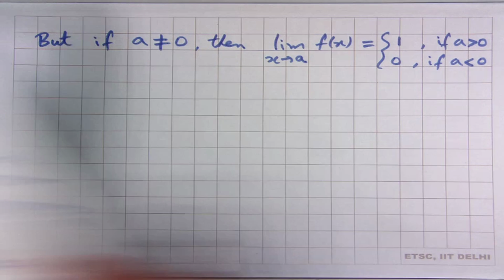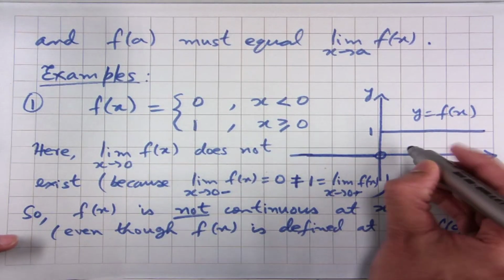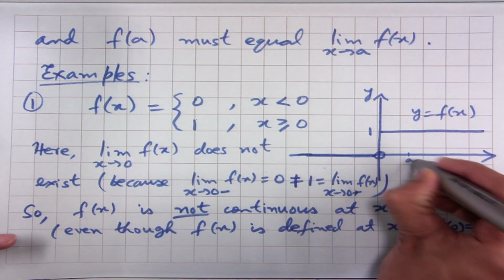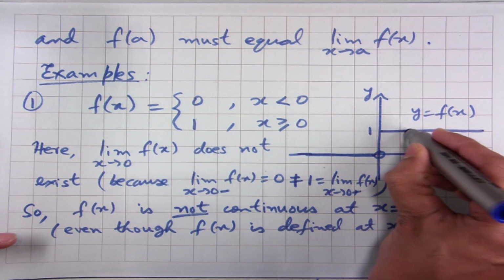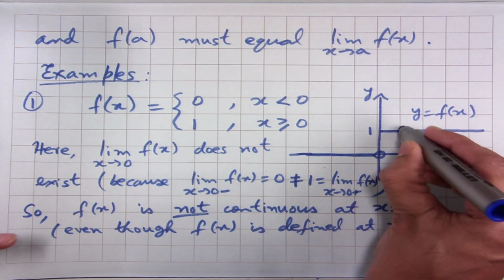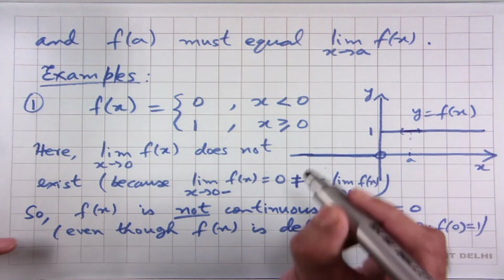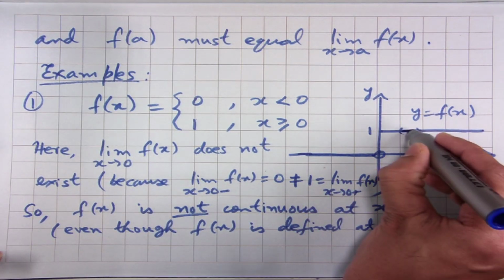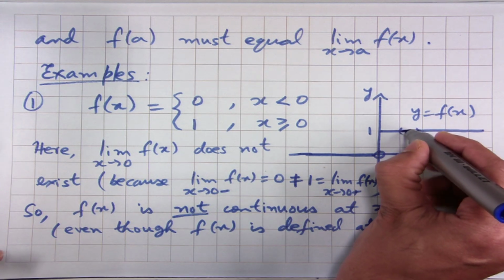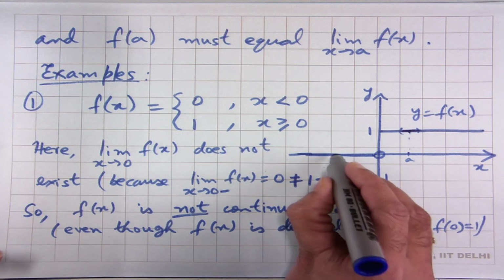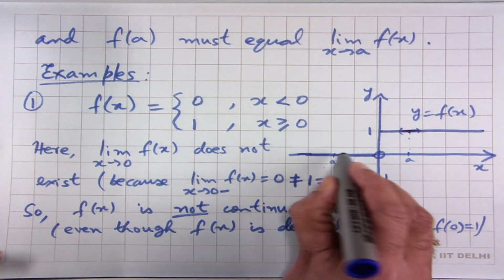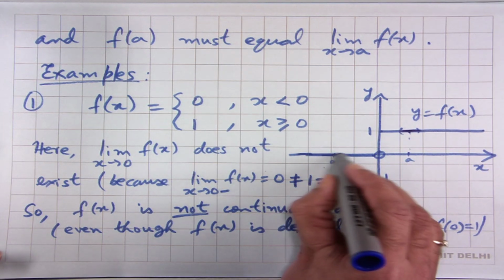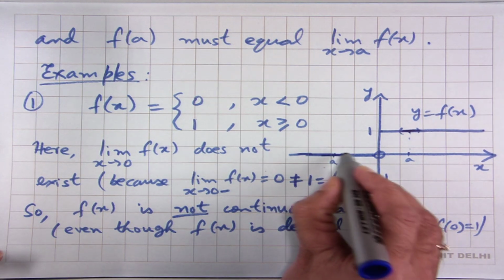This you can see from the graph: if we take any a positive, then the function is constant 1 in an interval containing this point a, and therefore the left hand limit and right hand limit are both equal to 1. But if a is somewhere here, negative, then in this interval the function is identically 0, therefore the limit is 0.